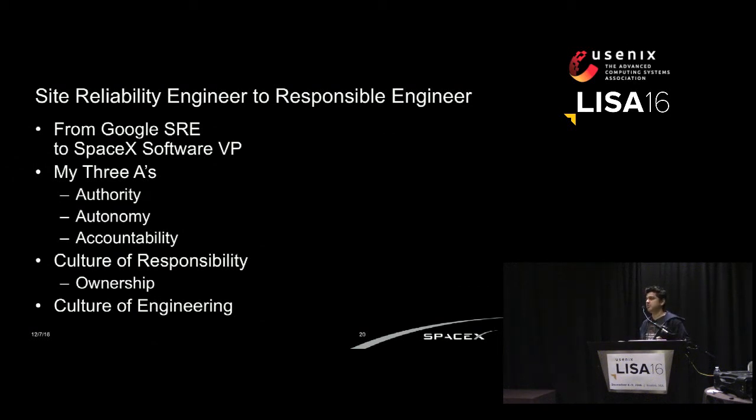You can be the responsible engineer for a subsystem. For every flight, we have a flight software RE for that flight. You guide whatever component or piece you own end to end. You are ultimately responsible for it, and that ownership is vital.